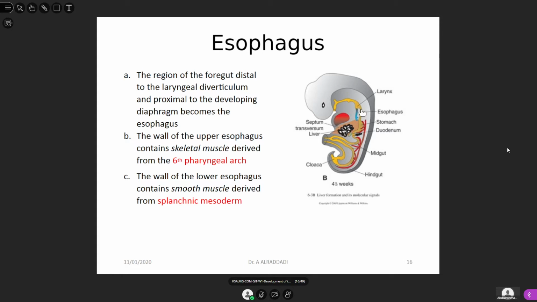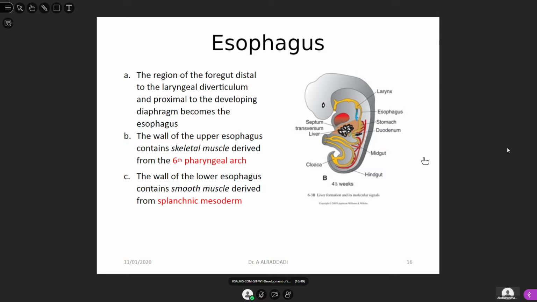So what is the component of the sixth pharyngeal arch? Which cells make the sixth pharyngeal arch? Come on guys. Notice we are talking about muscles.